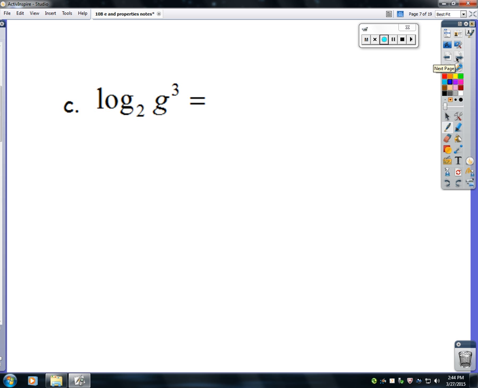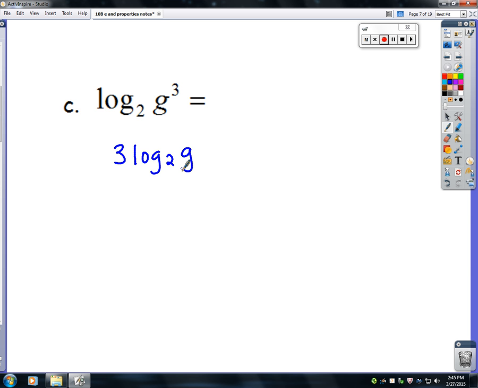Exponents turn into multiplication. So we're going to rewrite this as 3 log base 2 of g. And let's say it's variables, that's a g, so we can't simplify it anymore. All right, so just some easy ones applying the properties.